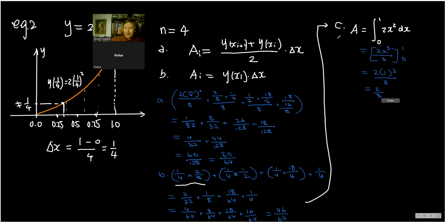Oh, that's quick. That's quick. 2 over 3, yes. Okay, can you compare which is closer to this value?